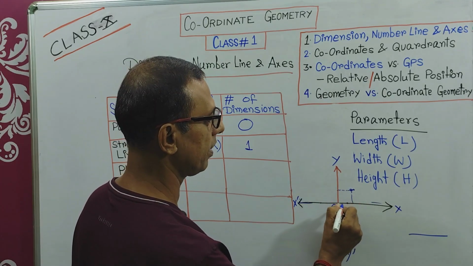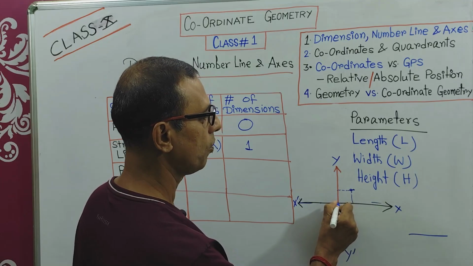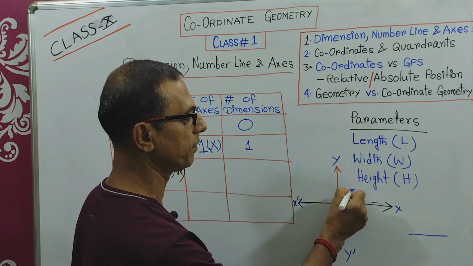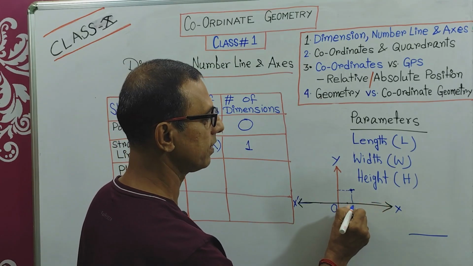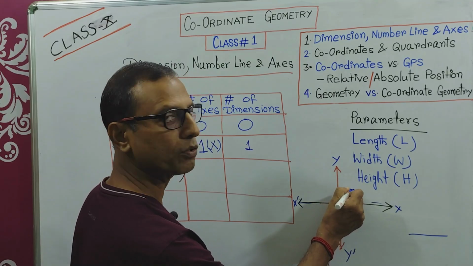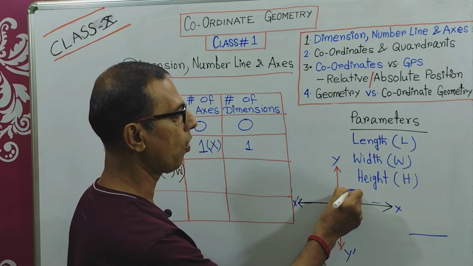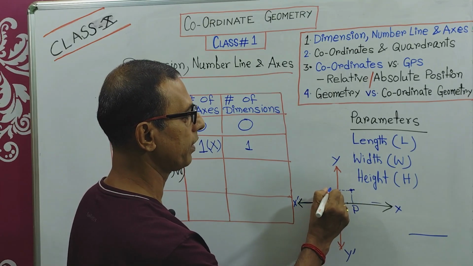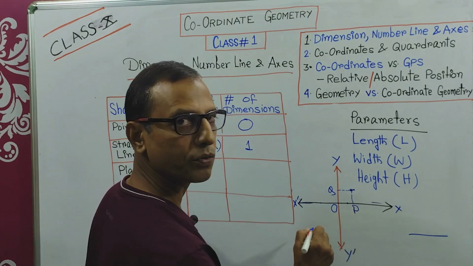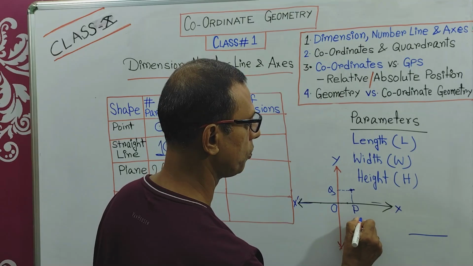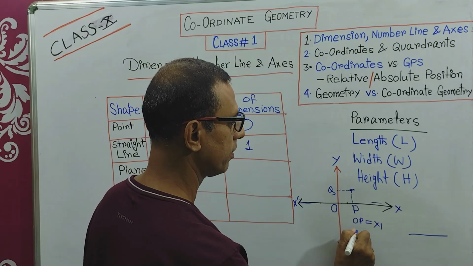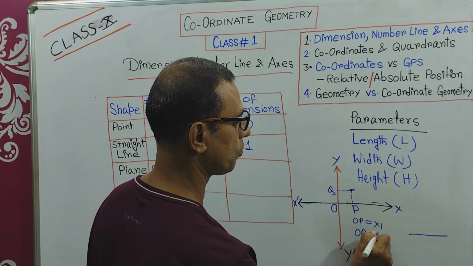This position is, let's say, the distance from O to this point. If you draw the perpendicular from this point on the abscissa or x-axis, let's say this is point P, and the perpendicular on the ordinate or y-axis meets at point Q, then OP, the distance from O to P, equals x1, and OQ, that is the ordinate, equals y1.